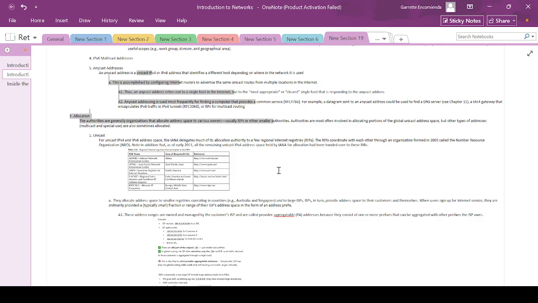So it provides a different host depending on the network. You can provide or advertise whatever suits that network. Thus, an Anycast address refers not to a single host in the internet, but to the most appropriate or closest single host that is responding to the Anycast address.